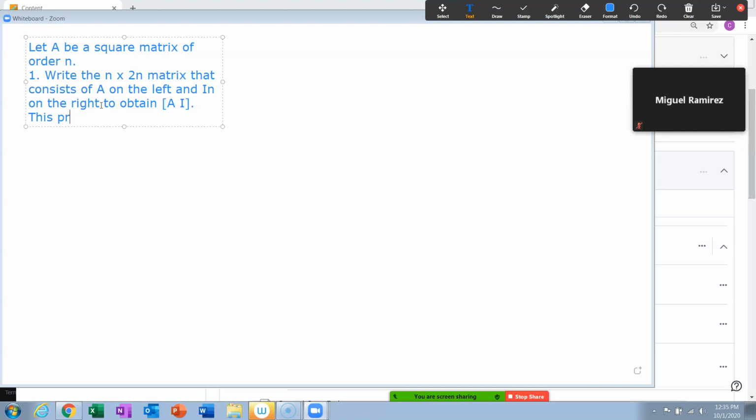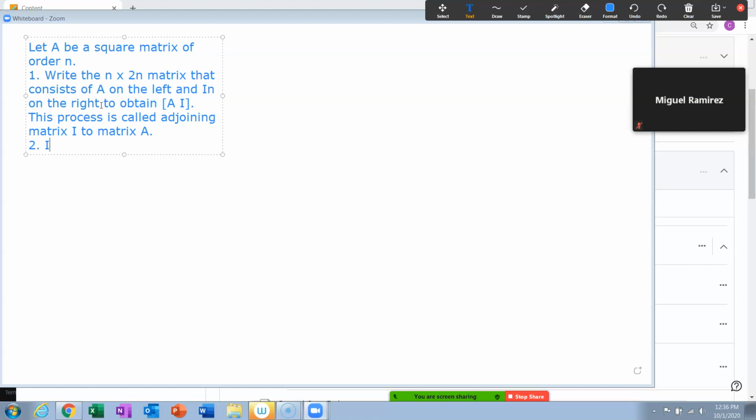This process is called, and we've already said this, adjoining matrix I to matrix A. Okay. Do that first.